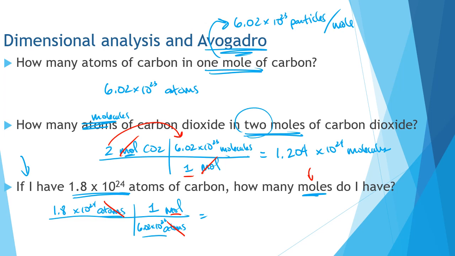With my calculator, be careful here, my friends, when you are dividing in scientific notation. Either use the EE button on the calculator for scientific notation, or if you're using the divided by button, make sure to use parentheses around your denominator to keep everything kosher. So on my handy dandy calculator, 1.8 times 10 to the 24th divided by 6.02 times 10 to the 23rd, and I'm going to get a final answer of 2.9900.